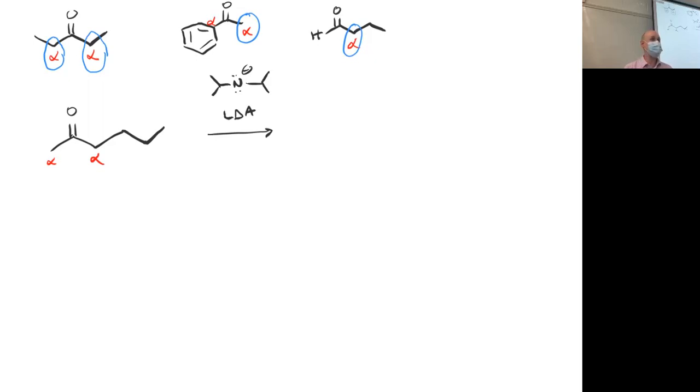So it'll just do the easiest thing that it can, and it'll do it as fast as it can, and it won't ever go backwards. So it reacts with the most accessible alpha carbon.